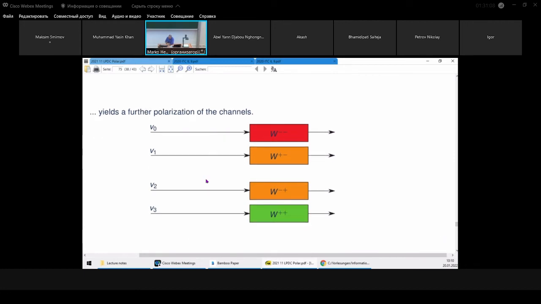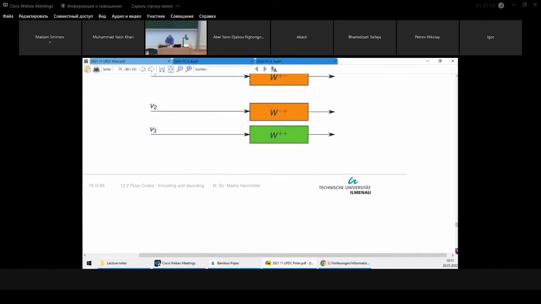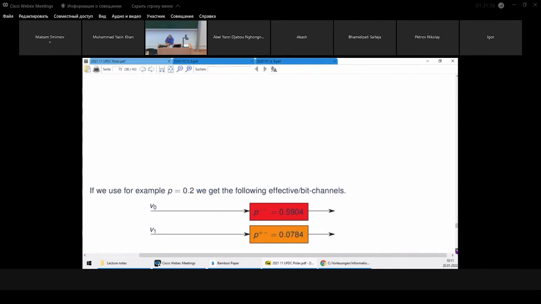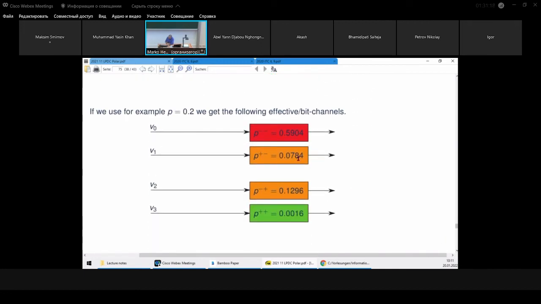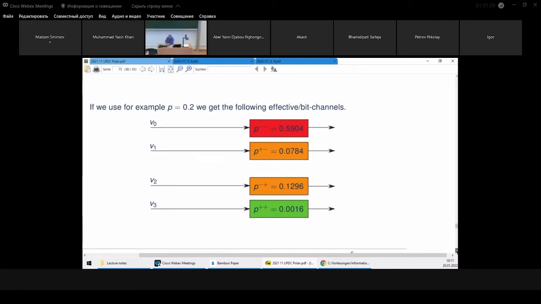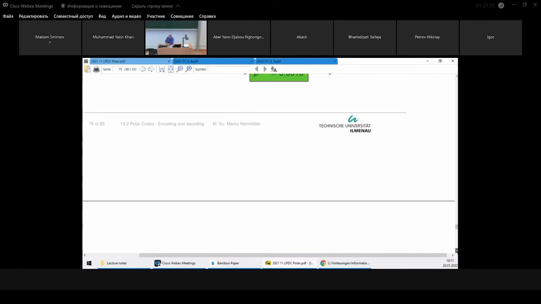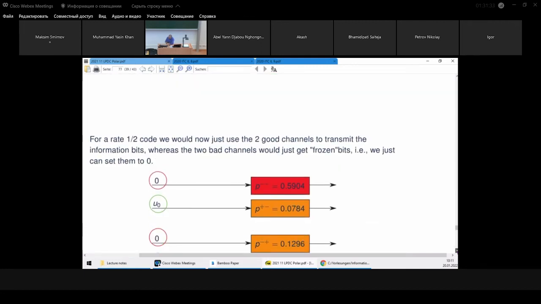Again, precoding included in these new artificial channels. Then, the example with the numbers. We see the first one is really bad, with very high probability that things go wrong. The last one is really, really good. So then we basically extend this idea.